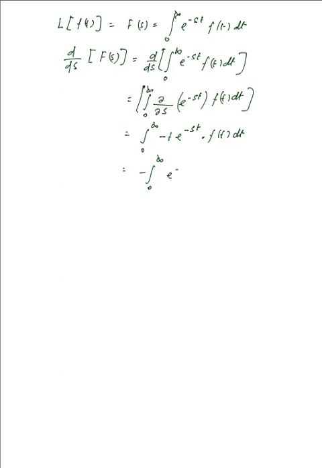We'll have e raised to the power minus st times t times f(t) dt, and if you observe closely, this is simply the negative of the Laplace transform of t times f(t), because whatever is over here multiplied to e raised to the power minus st, that is simply the Laplace transform of that. And this is nothing but the derivative d over ds of F(s). Now we can take the minus sign onto this side, and we can take that minus sign as minus 1 raised to the power 1.